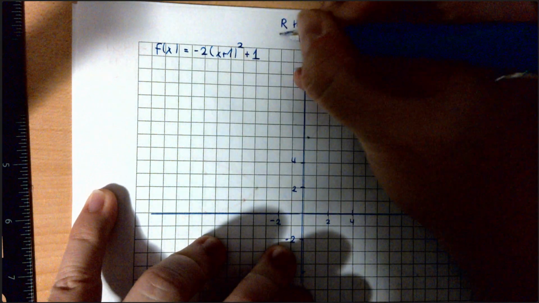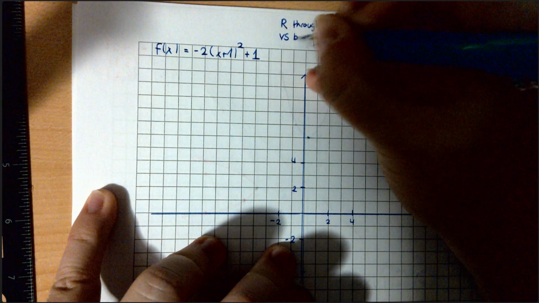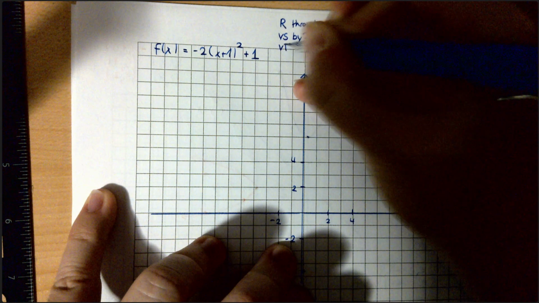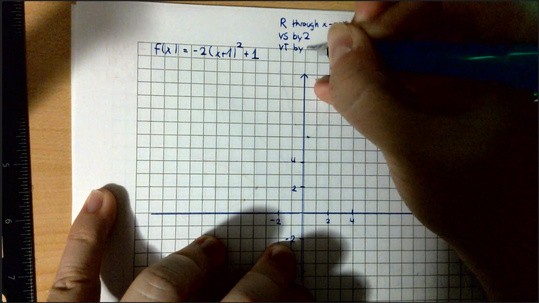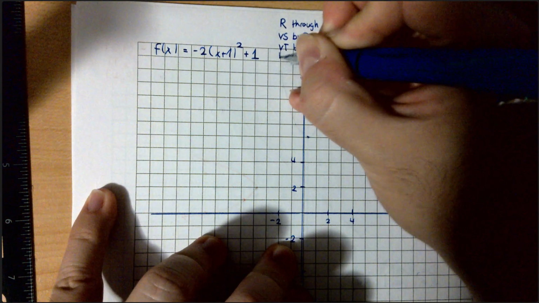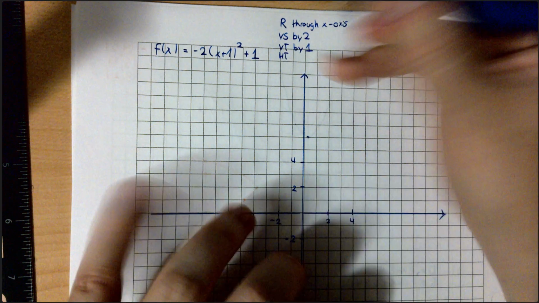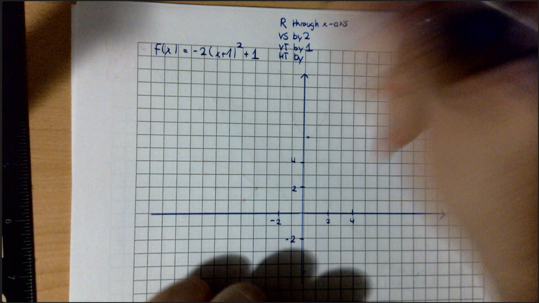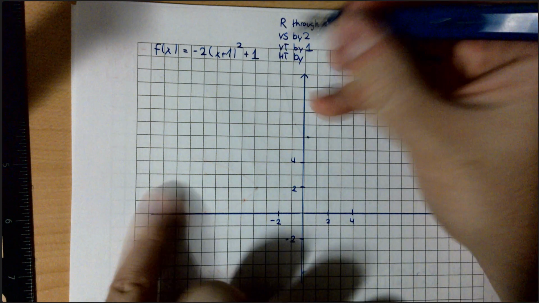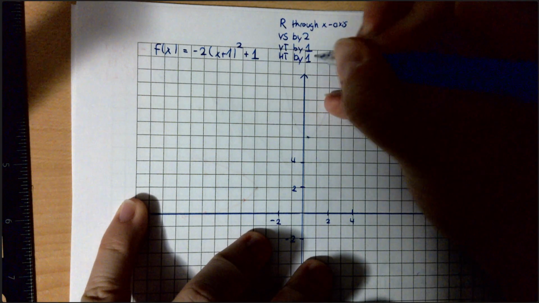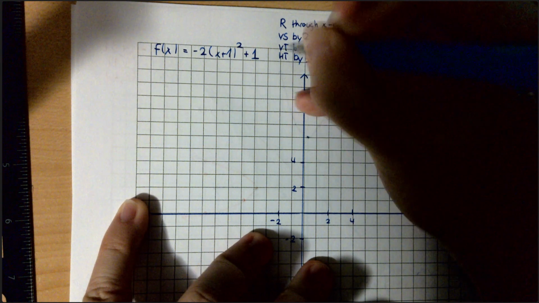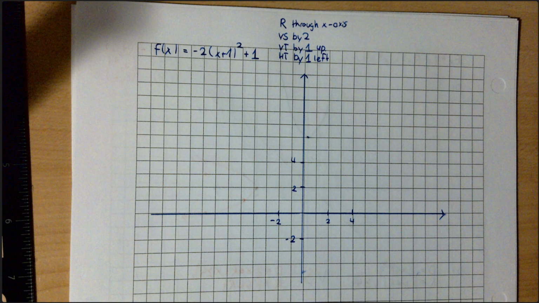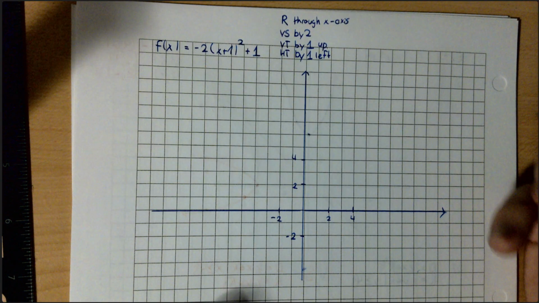I have a vertical stretch by a factor of 2. I'm vertically translated by 1, and then I'm horizontally translated by 1 to the left. Remember, because it's on the inside, it's always going to be opposite, by 1 to the left. And sorry, my vertical translation here is going to be by 1 up. Forgot to mention that.